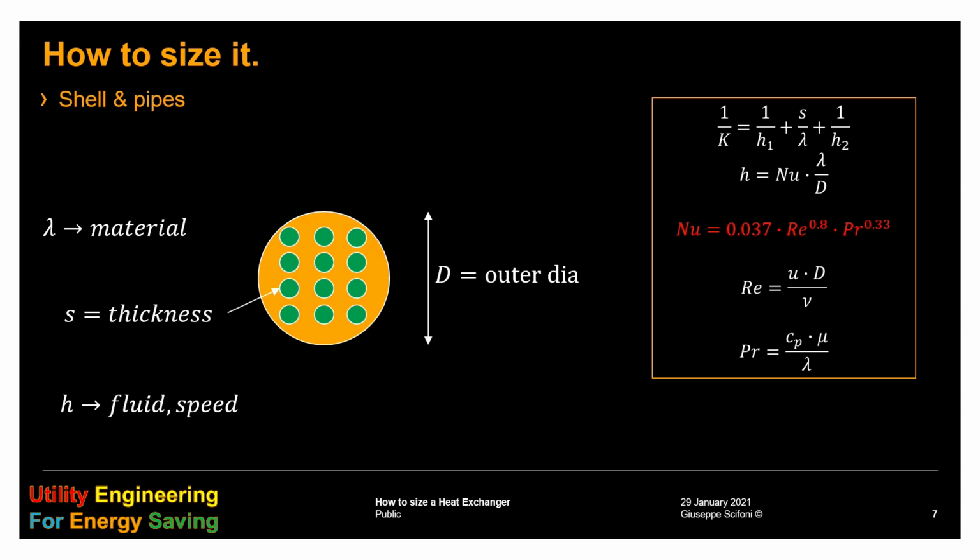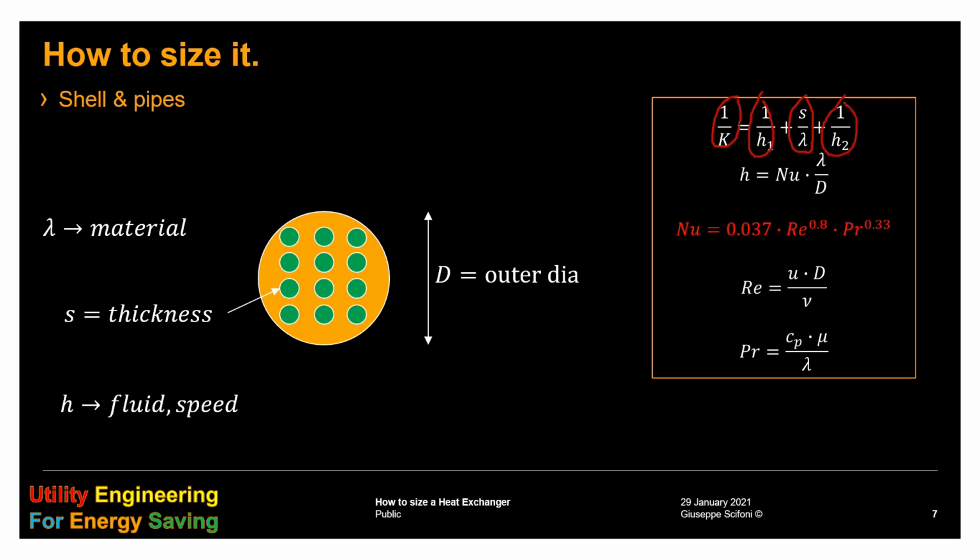The inverse of K is called thermal resistance, here represented, and the thermal resistance of a heat exchanger is a series of three resistances: the resistance across the first fluid, in this case the process one, the resistance across the wall thickness of the pipe, and the resistance across the second fluid, the service one.